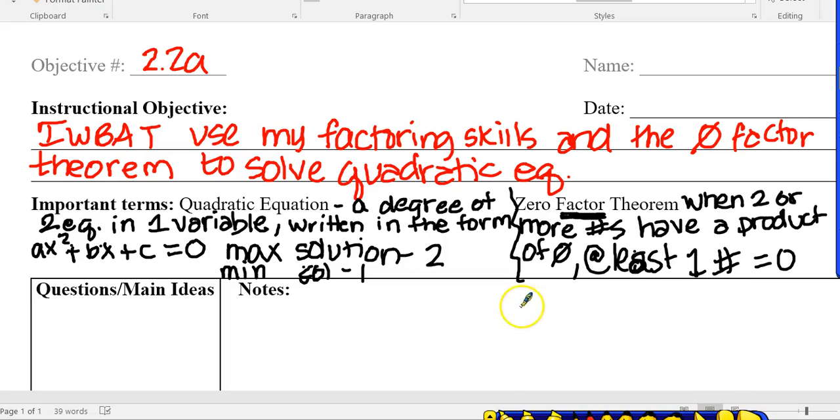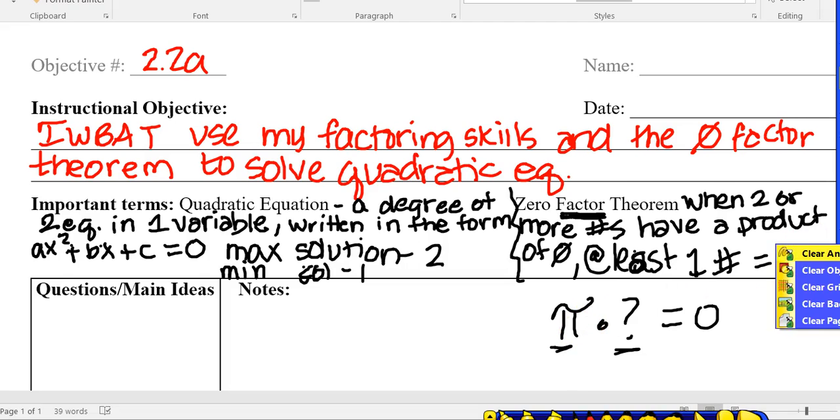For example, if I said pi times something equals 0, what does something have to be? At least one of those factors has to be 0, and it doesn't matter what number I choose. If I get a product of 0, at least one of my factors has to be 0.